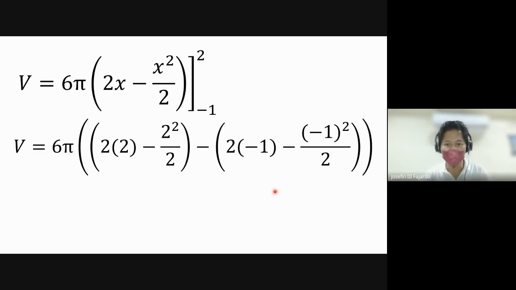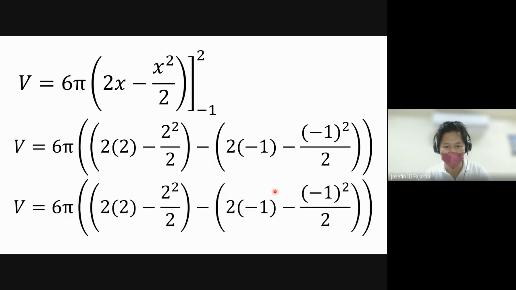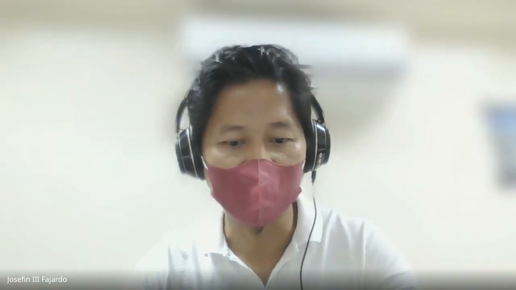And simplifying this. Let me share ito guys. Pwede nyo itong i-download kung wala kayong calculator.